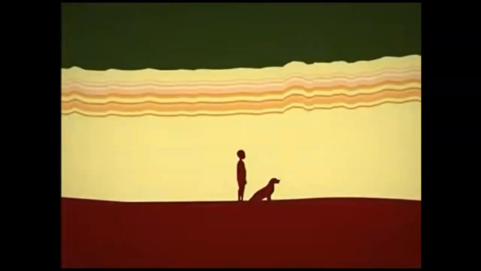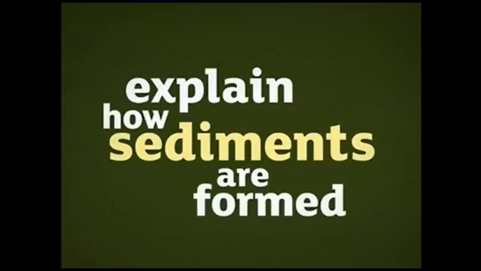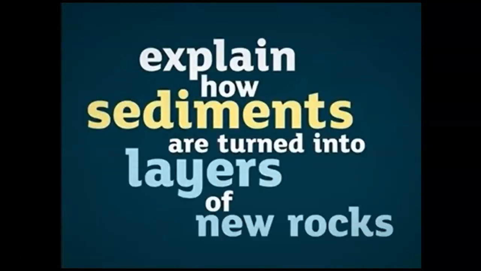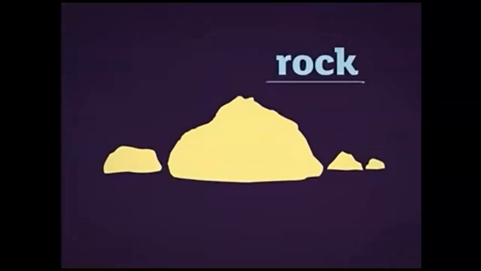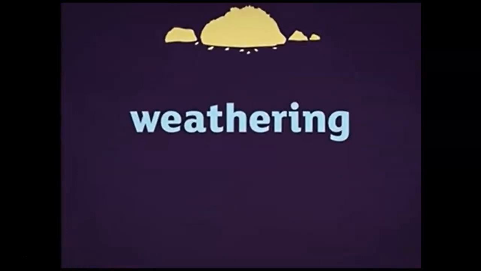I was walking my dog on the beach when I noticed that the cliffs are made of horizontal stripes of rock. But what causes this? To understand this, we need to explain how sediments are formed and explain how sediments are turned into layers of new rocks. Existing rocks can be broken down into small pieces or sediments in a process called weathering.